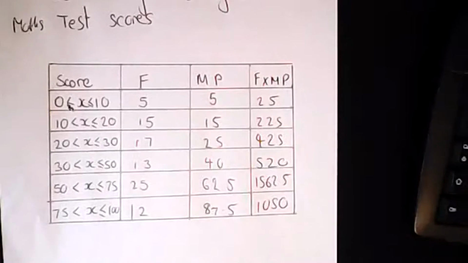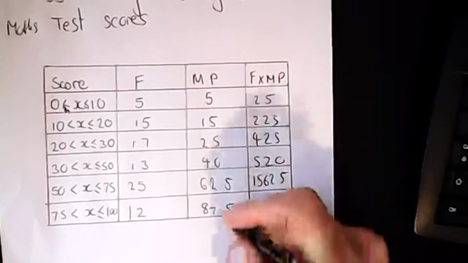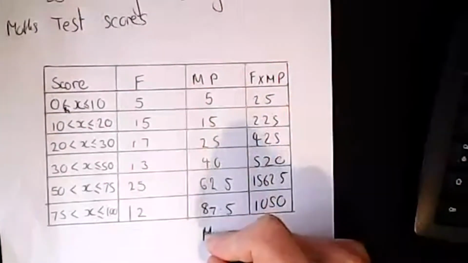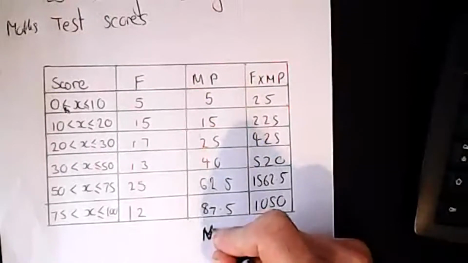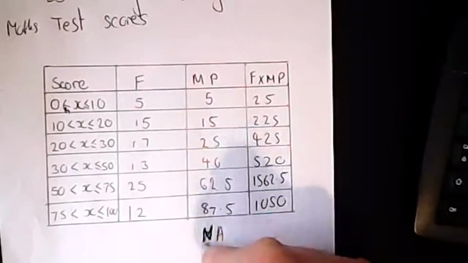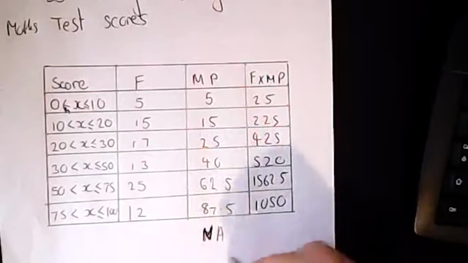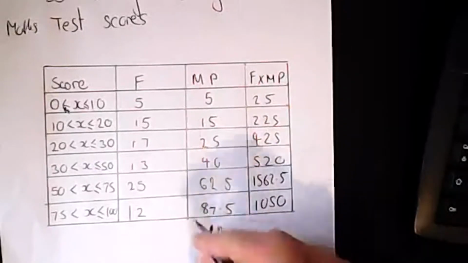Okay, brilliant. So the next thing we need to do now is find the total, and we need the total because what we need to have here is the total divided by number of numbers. So this midpoint now, we don't need the total of them, so I'm going to write NA, not applicable, or a cross or something like that, so we don't need to worry about that one.